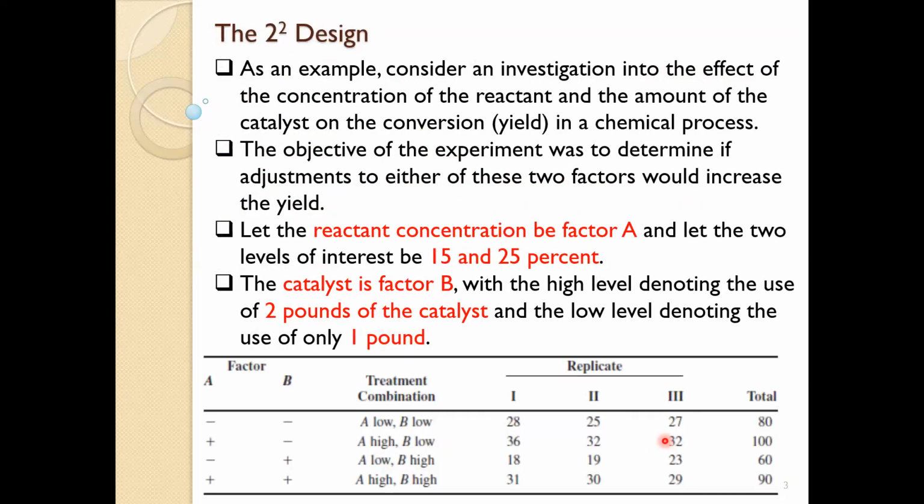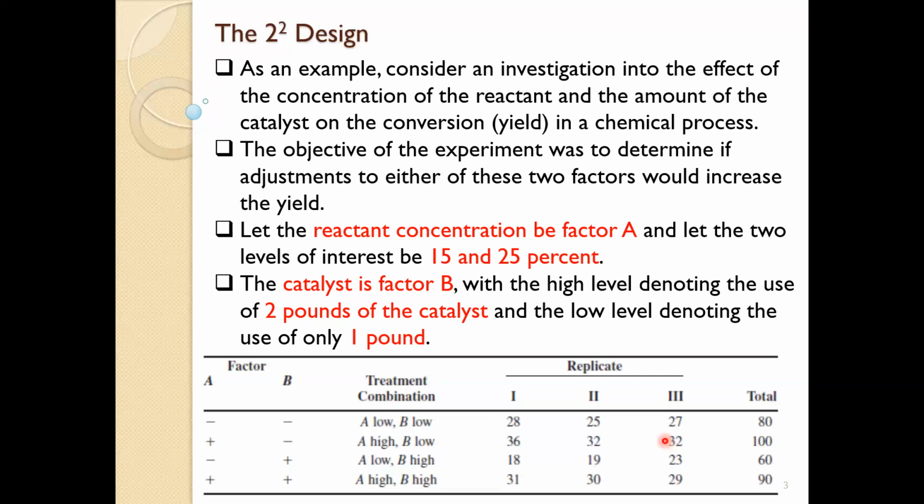Let me show you the technique for two factors. Two factors means 2 power 2, you get only 4 experiments. That's right, only 4 experiments. For this case, we consider the effect of concentration of reagent and amount of catalyst. That's right. We add some catalyst and then the concentration in terms of yield or conversion of a chemical process.